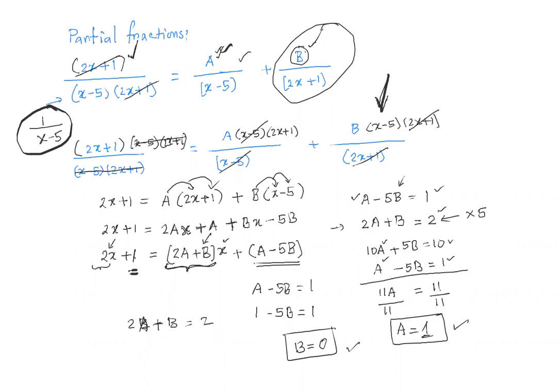So let's do another problem. This time I'll make sure that it doesn't become the same. So let's pick negative 3x plus 2 divided by 5x plus 7 times 4x minus 3. I'm making it a little bit complicated.